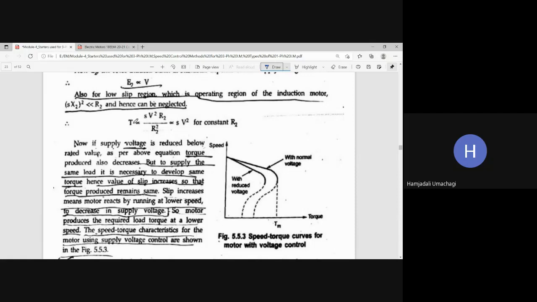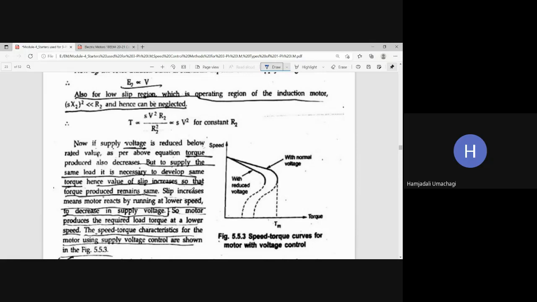So to make the torque remain constant, slip is going to be increased. To supply the same load, it is necessary to develop the same torque, hence the value of slip increases. Because slip increases, the torque is going to remain constant. But we know that slip is inversely proportional to speed. If slip increases, then speed decreases.